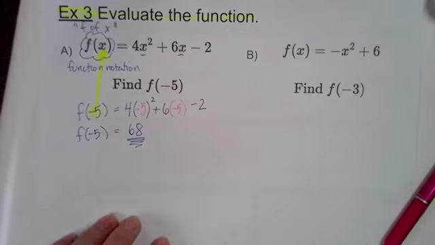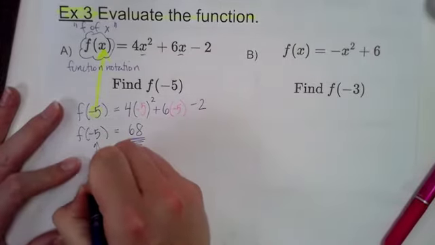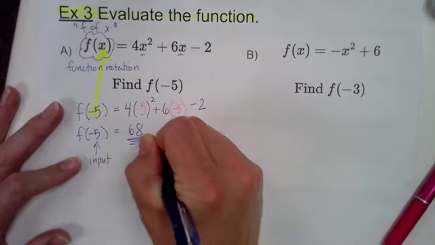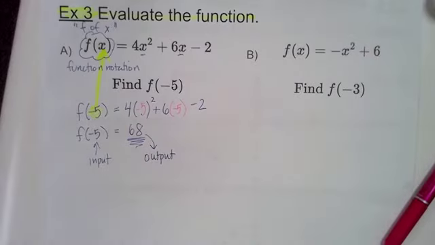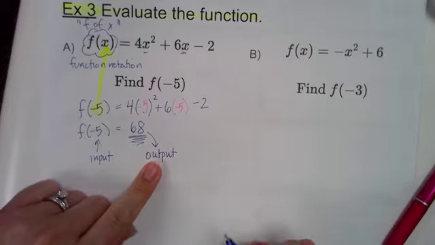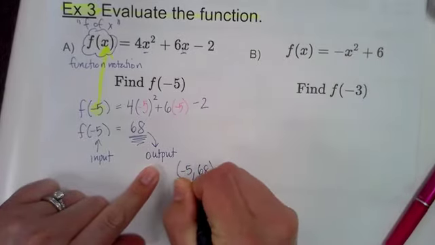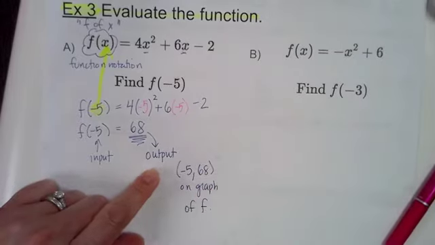And what it tells us is that we have an input value. We plugged in a negative 5, and it spat out a 68. Function notation is awesome because if we have an input-output, then that's actually an ordered pair on our graph of our f function.